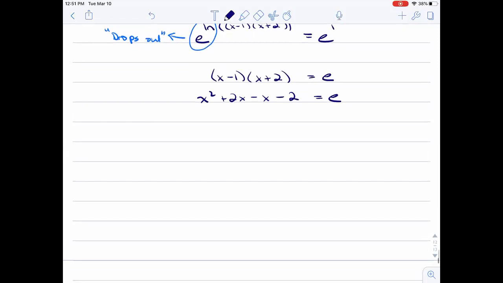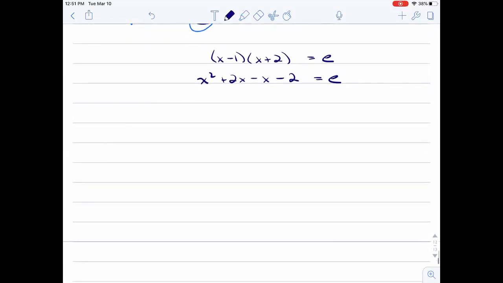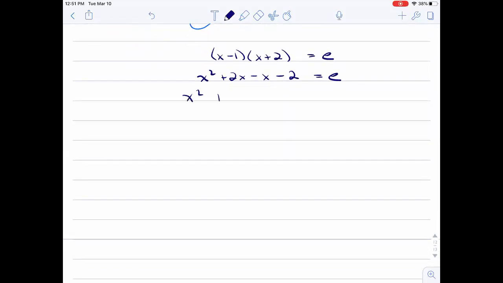If I rearrange this and set it equal to 0, I get x squared plus x, since 2x minus x is x, minus 2, and then subtract e from both sides to be left with 0 on the right-hand side, because now I can use the quadratic formula to solve for x.